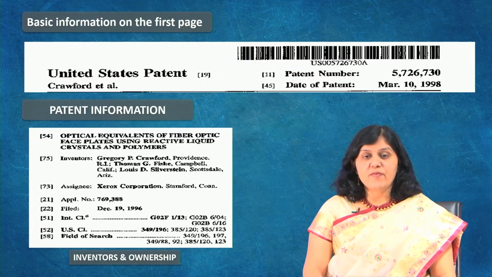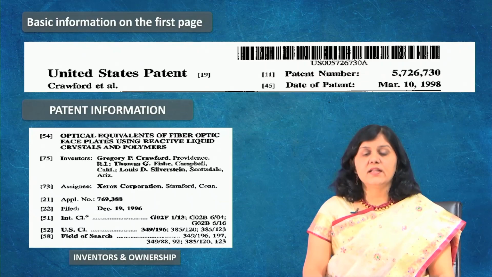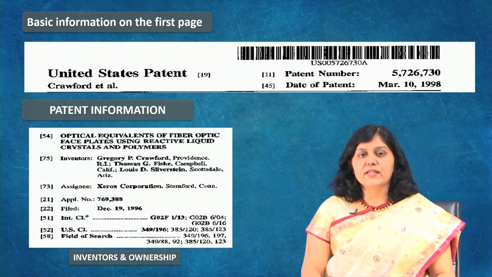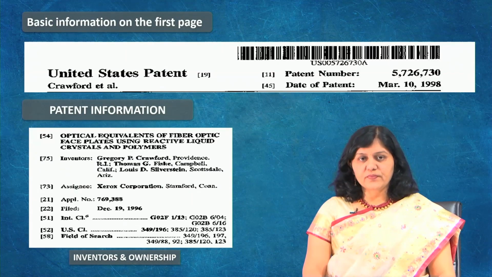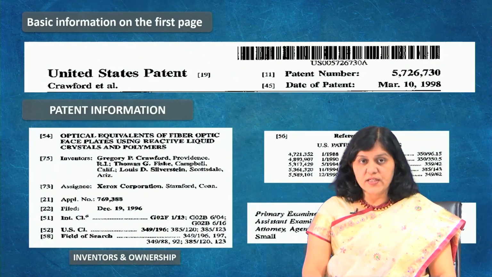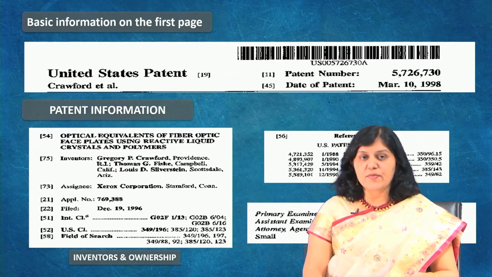Then you have received information that Gregory Crawford from Xerox has invented this invention along with his colleagues. The applicant is Xerox. Then further it lists down information cited in this patent. So, the references are given here. Further, it gives information about who are the primary examiners, assistant examiners, attorney, agent or firm.